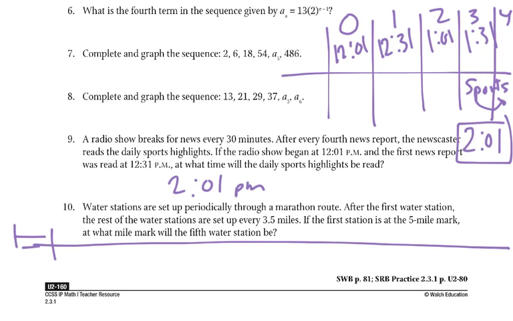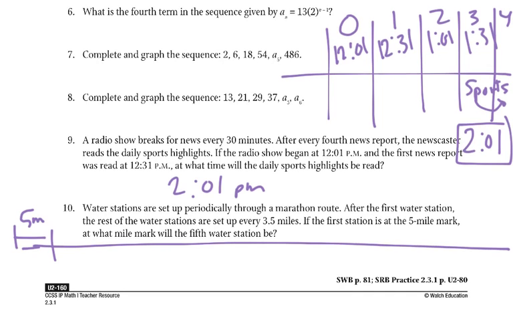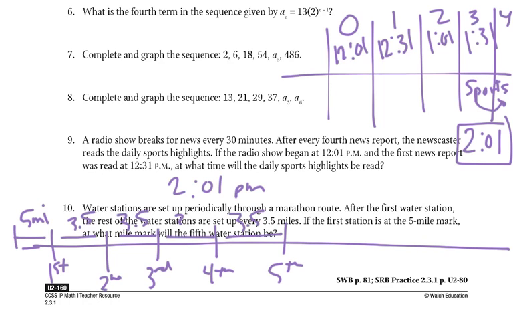So at 5 miles, we have the first water station, right? Then every 3.5, we'd have the next one. Right? So third, fourth, and fifth.